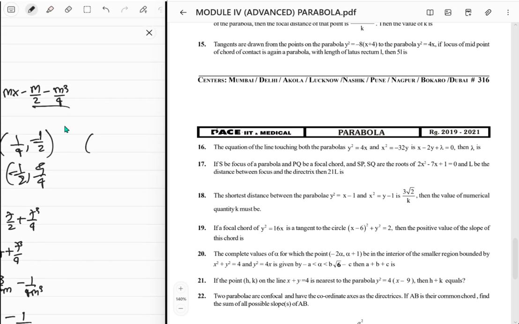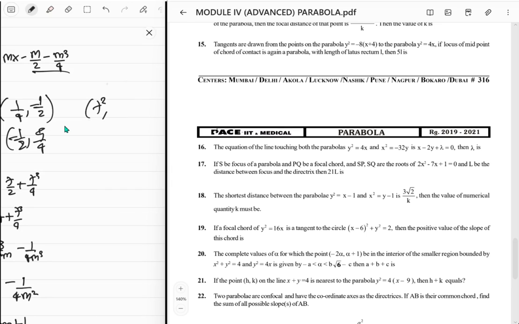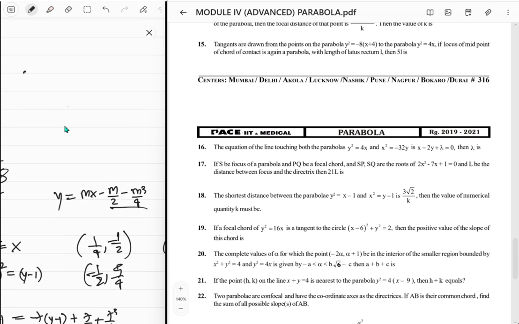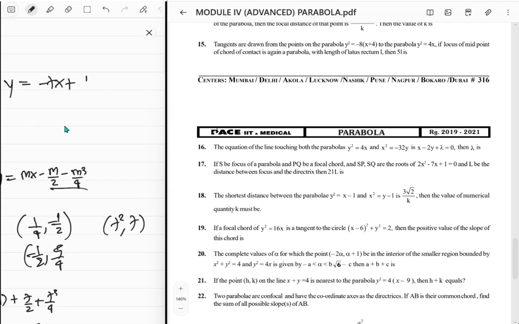Maybe the other parameterization would be better. So let's just say x is equal to t square, and this is supposed to be just t. The usual thing was y is equal to negative tx plus 2at plus at cubed. Yeah, a is just 1 upon 2 t plus 1 upon 4 t cubed. That was the usual normal that you used to get. But now what we have done is we have actually replaced 2t by t.